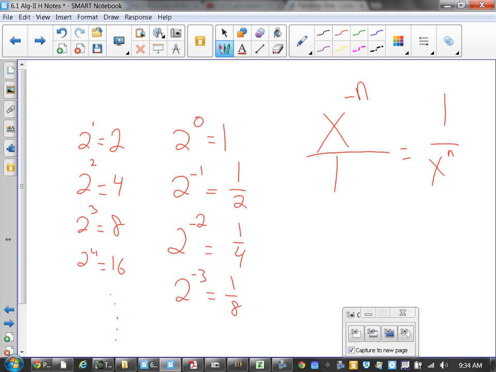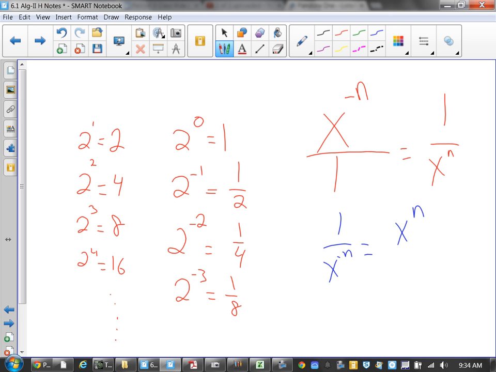You're not happy if you're negative. So if you're negative on the top, you're positive when you're in the denominator. But what happens if you're negative in the denominator? You're positive on the top. And that's one of the rules of exponents that you guys tend to forget. Remember, it wants to jump the border.